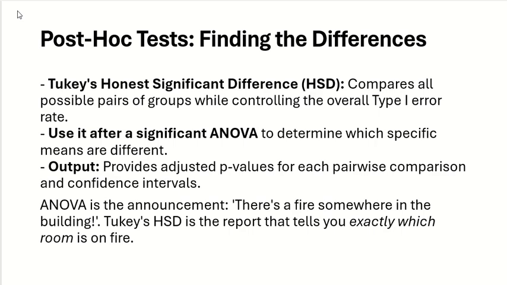So we said the null hypothesis of the ANOVA is all means are equal, which will be rejected if one group has a different mean. So you have 4 groups. If one of them is different, the other 3 are the same, ANOVA will still reject the null hypothesis. So when the null hypothesis is rejected, there is a possibility that not all the groups have different means from each other.